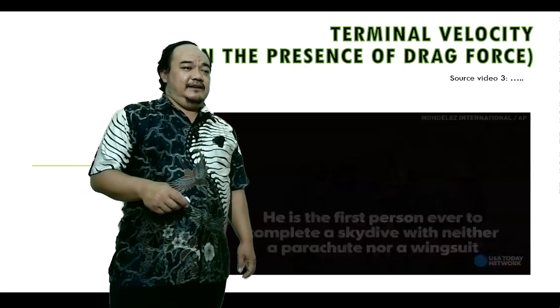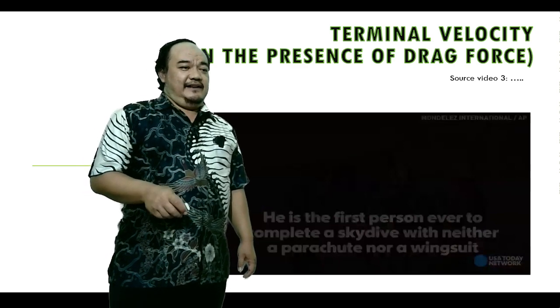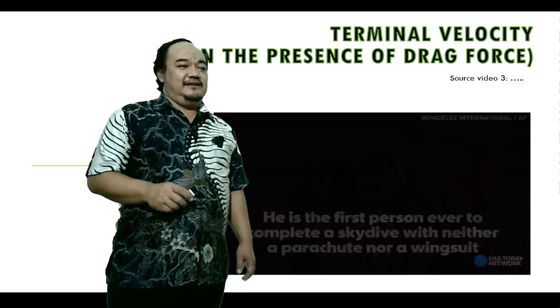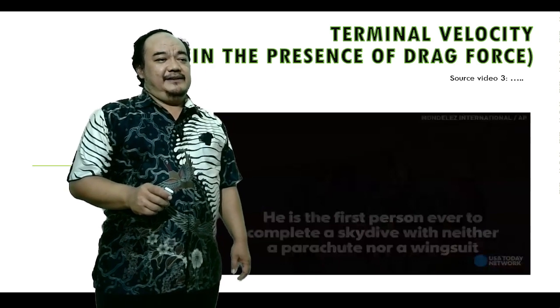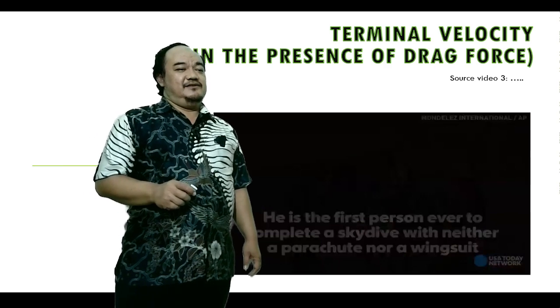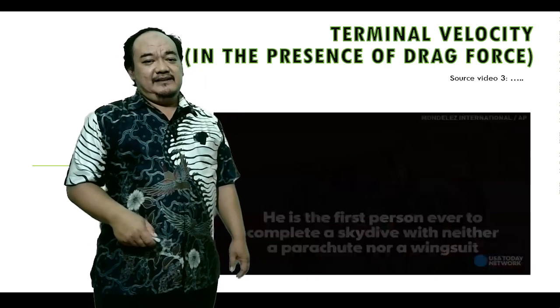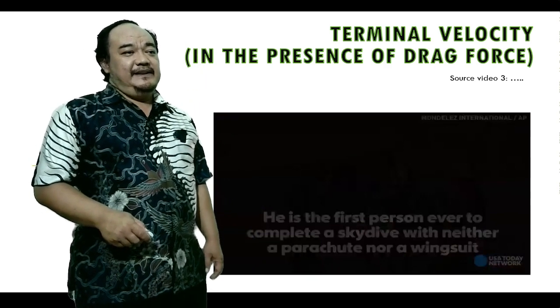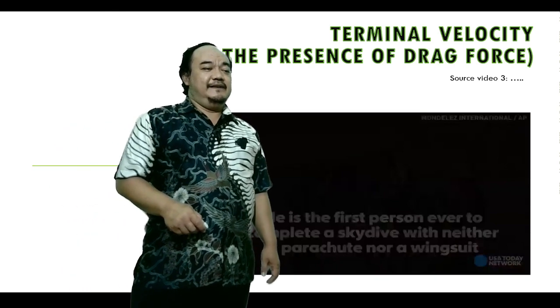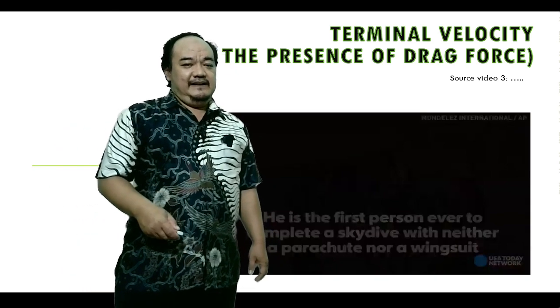And the skydiver can increase the cross-sectional area by using a parachute to reduce the terminal velocity, so they can hit the ground safely.